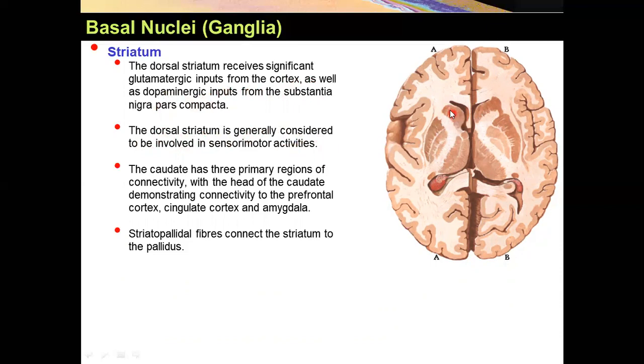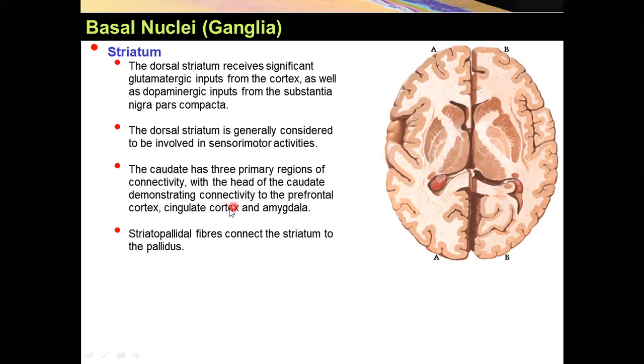And the caudate nucleus has three primary regions of connectivity, with the head of the caudate here, demonstrating connectivity to the prefrontal cortex, cingulate cortex, and the amygdala.